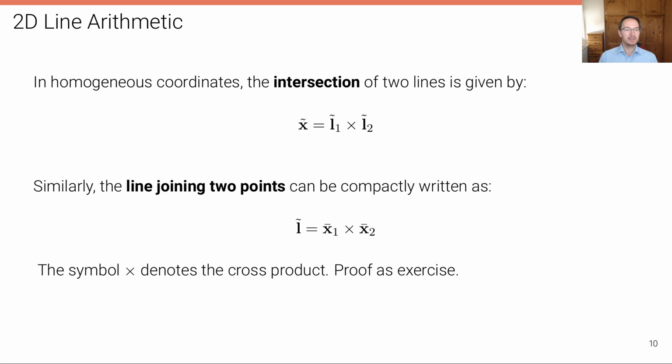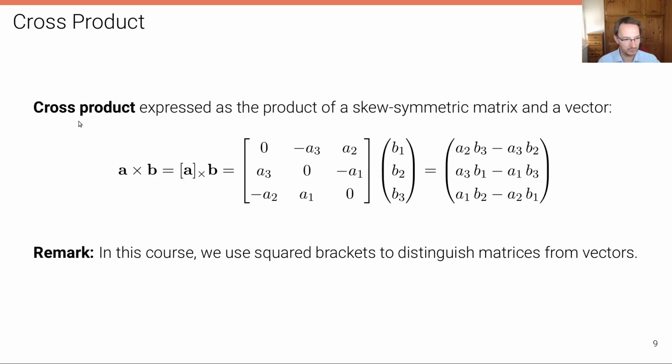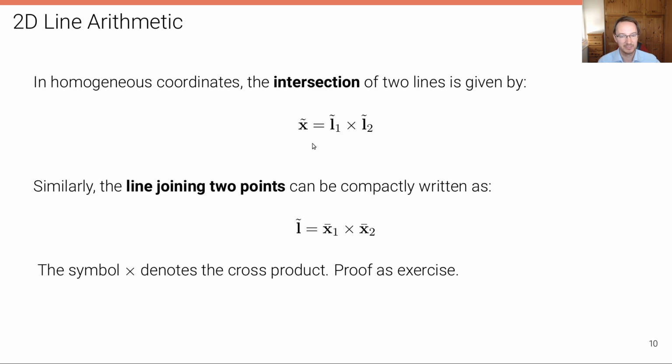Good. Now, in homogeneous coordinates, the intersection of two lines is given by a very simple expression, using this cross product definition here.